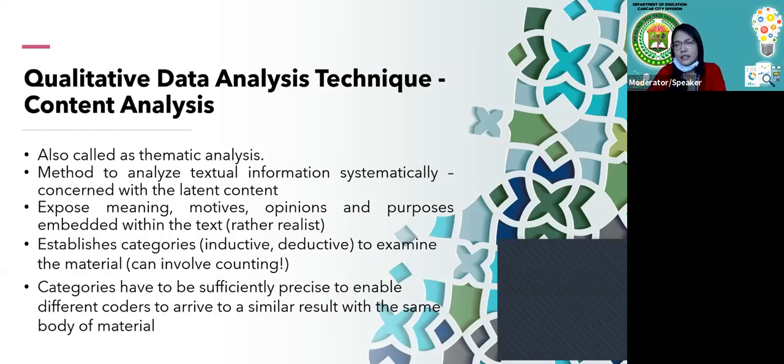Next, establish categories, inductive or deductive, to examine the material. It can actually involve counting, okay, but not to the point that you are going to use inferential statistics, okay? Next, categories have to be sufficiently precise to enable different coders to arrive at a similar result with the same body of material.